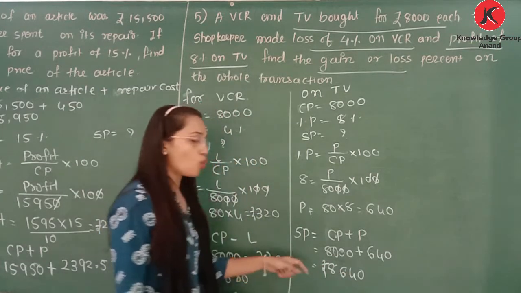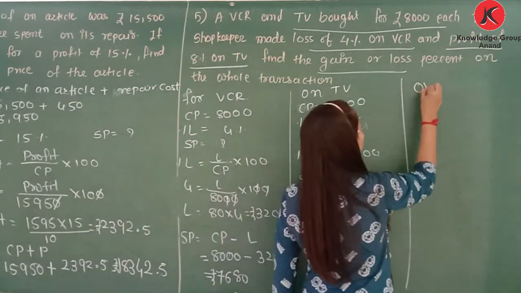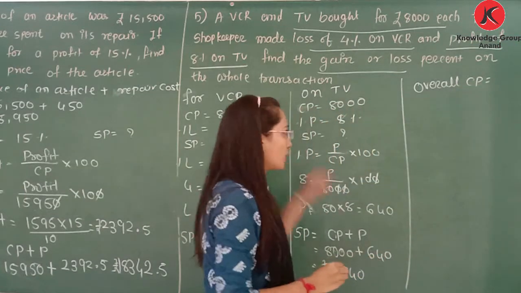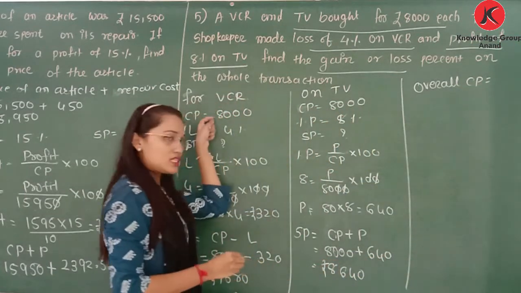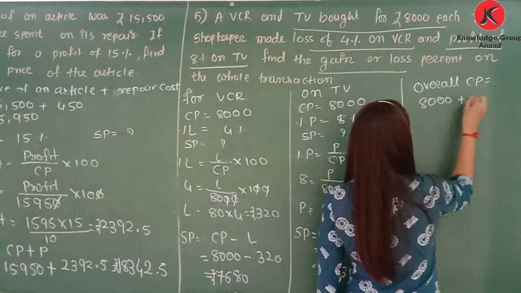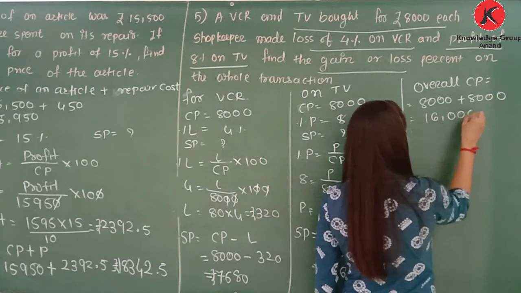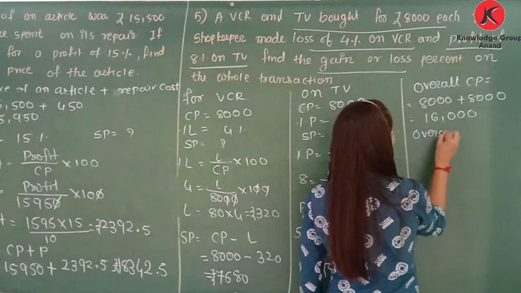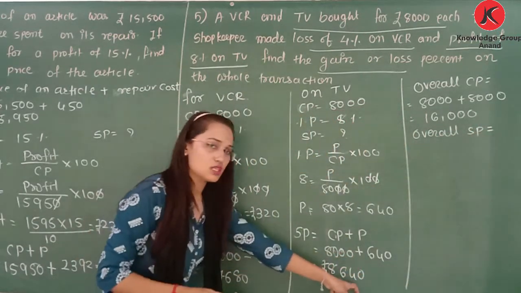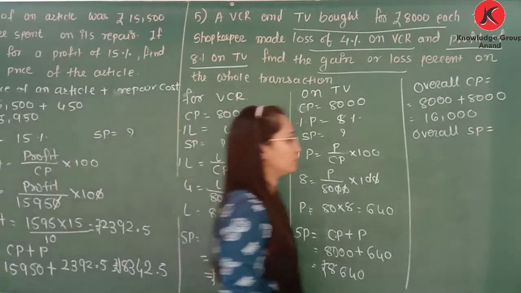So we can find overall CP and overall SP. So TV is bought for 8,000 and VCR is also bought for 8,000. So CP is equal to 8,000 plus 8,000. So that is 16,000. Overall SP, TV sold for 8,640 and VCR sold for 7,680.